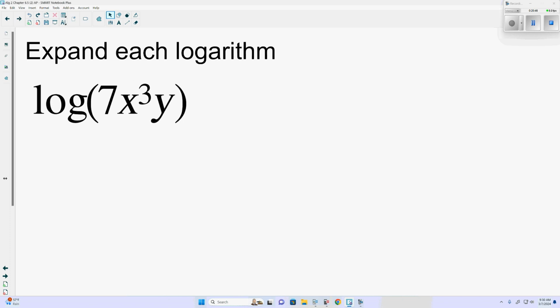So, log of 7x to the third y. We're going to expand this out so that each log has a single term inside. And with expanding, our order is quotient, product, and then power.